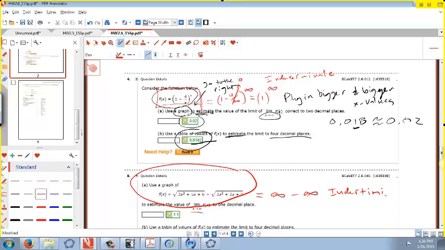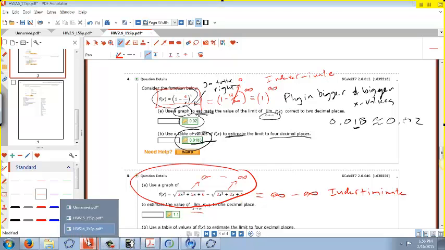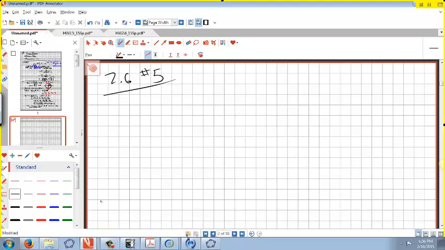As x gets bigger and bigger, this goes to infinity, and this goes to infinity. So they maybe balance out somehow and converge to a specific number. And we'll see how that happens, or at least we'll see how to prove it algebraically.